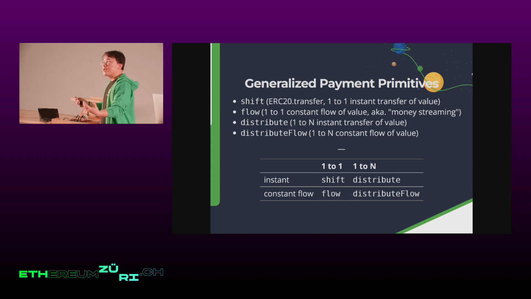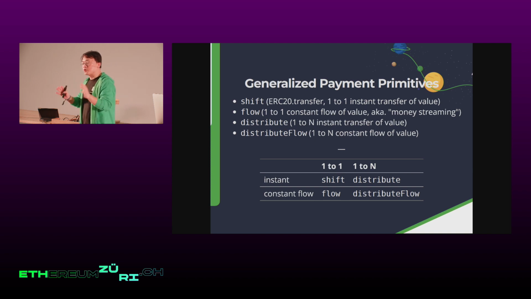So what are payment primitives? Let's give four of them, and they have two dimensions. One is one-to-one versus one-to-n, the other is instant versus a constant flow. We're all familiar with one-to-one instant, that's ERC20 transfer. That's just one thing in that 2x2 box. The other is one-to-n instant to all the accounts. There are a lot of ad hoc projects that are doing that, but can we generalize it as a payment primitive?